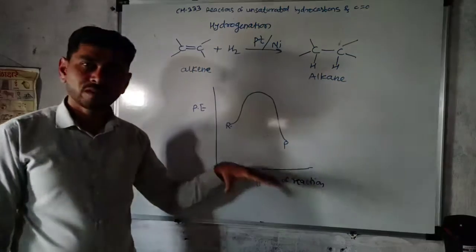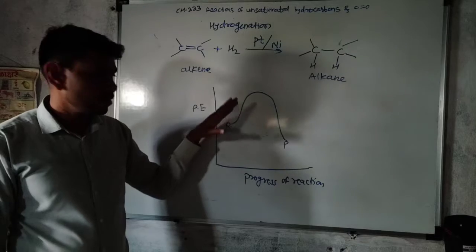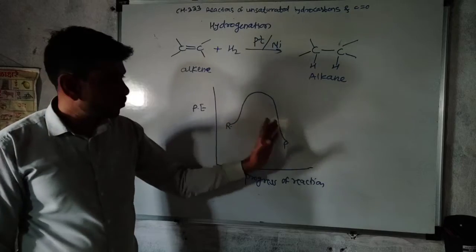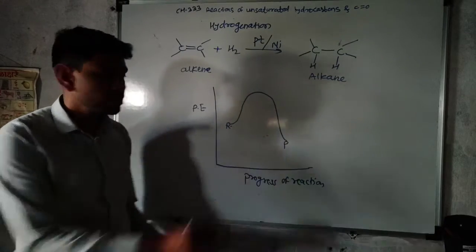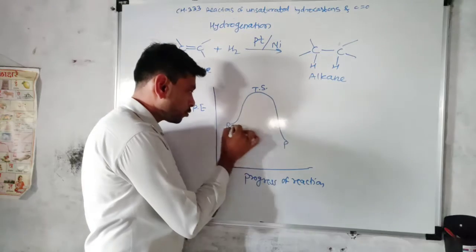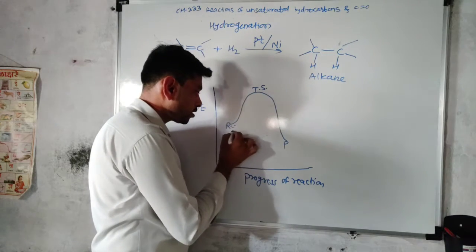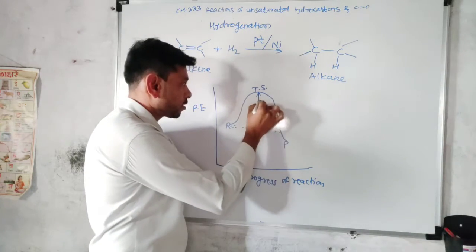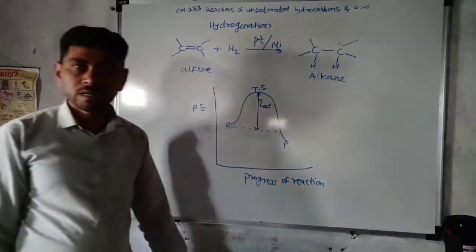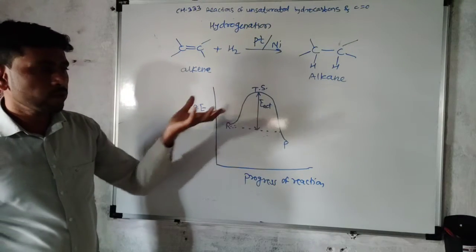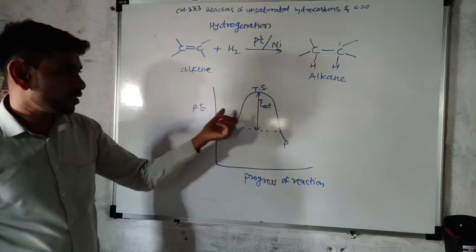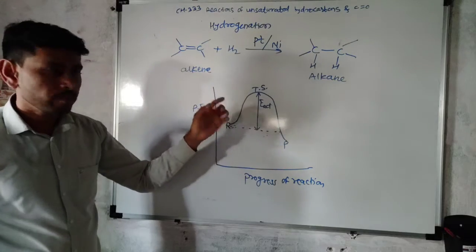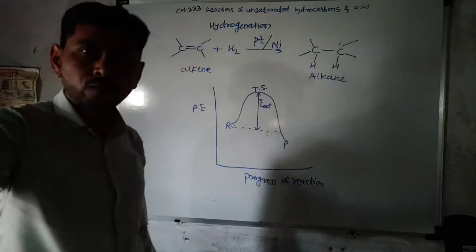The product energy is always less and the reactant energy is high, but the process to convert from reactant to product takes place via some transition state, and to go up to this transition state, it requires some energy of activation. And this energy of activation is not provided by heat only. If we heat this compound, this reaction is not possible by just using heat only.